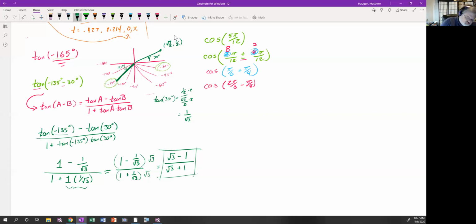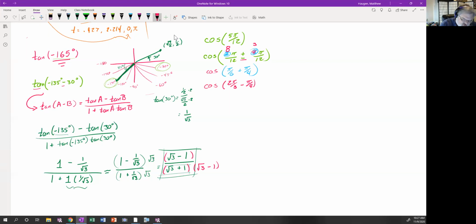You could very feasibly rationalize that denominator. It's a fairly nice denominator to rationalize. Just to remind you how to do that, to rationalize a multi-term denominator, you multiply by its conjugate.